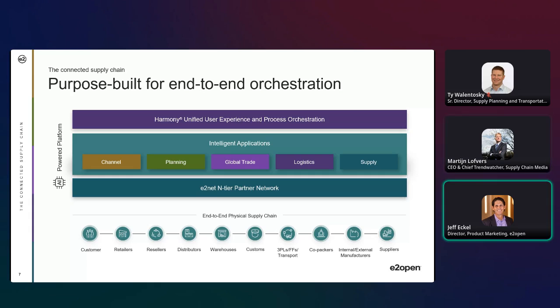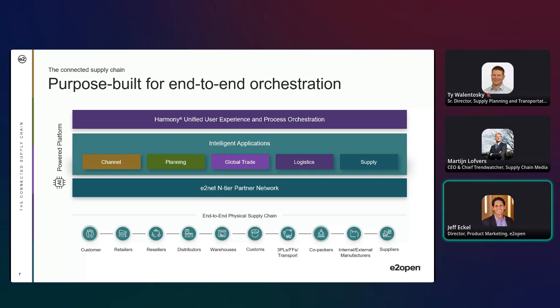And as a result, the brands are no longer really competing against each other, but against that extended value chain. So our connected approach is founded on the principle that supply chain should not stop at an enterprise's borders, nor should their planning and execution.